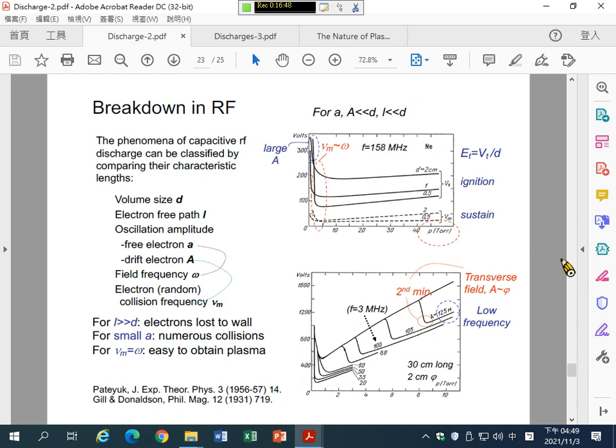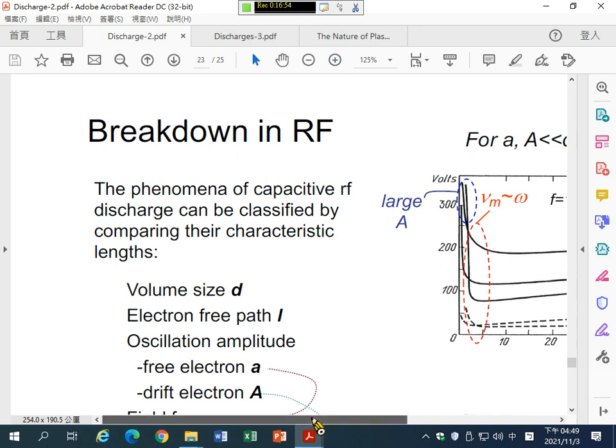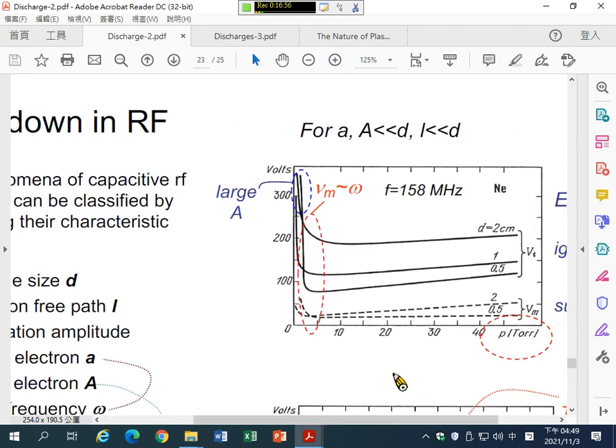If the pressure is too low, it is difficult to generate an RF plasma, because it requires a very high voltage. If we look at this curve, at about a few torr of gas pressure, you might generate plasma easily.